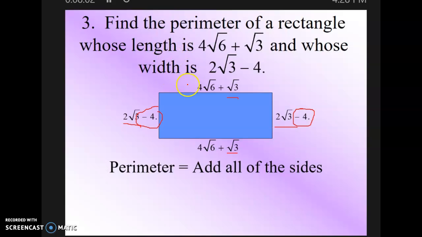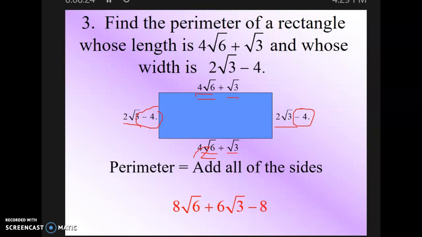And then you have the 4 square root 6, with this 4 square root 6. So you're going to have 3 terms here. My answer comes to 8 square root 6 plus 6 square root 3 minus 8.